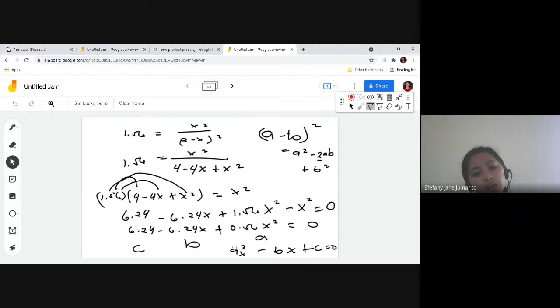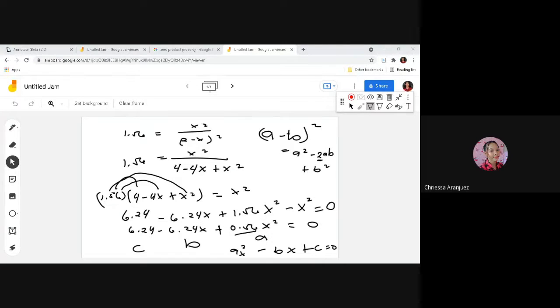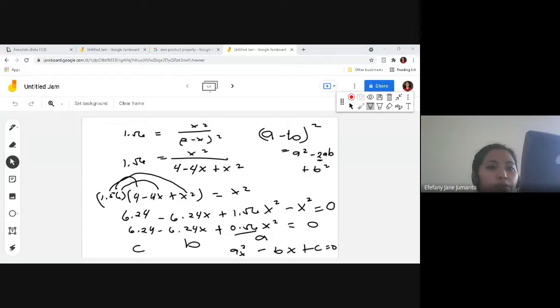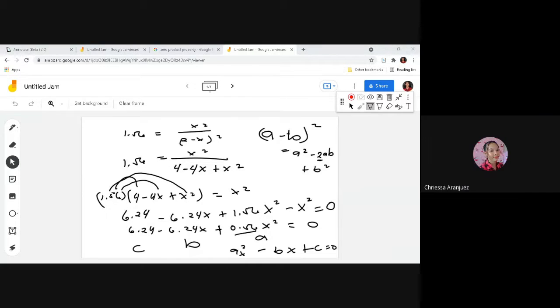Now, A here is the value of the coefficient of x squared. That is 0.56, so write it down. 0.56. And then, what is B? Equals. B is negative 6.24.